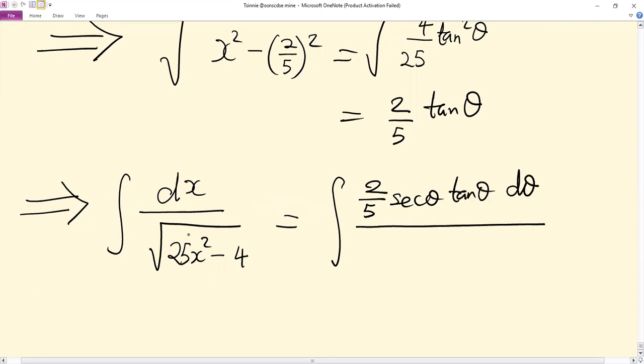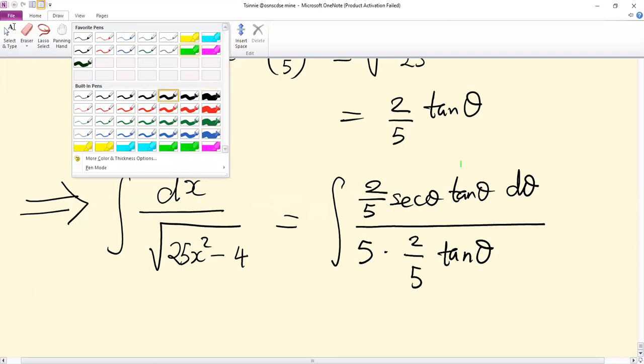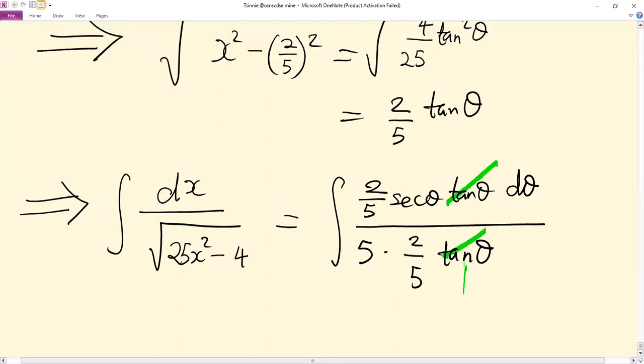Then we had 5 times the square root of x squared minus 2 over 5 squared, and that is 2 over 5 tan theta. With this substitution, you see tan theta and tan theta cancel out, and 2 over 5 and 2 over 5 cancel out.